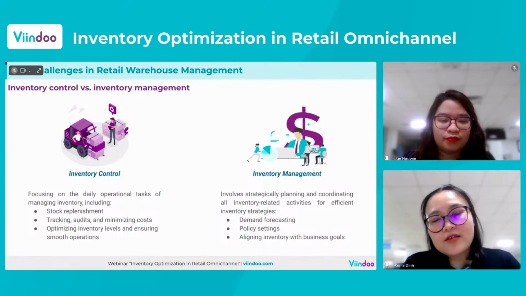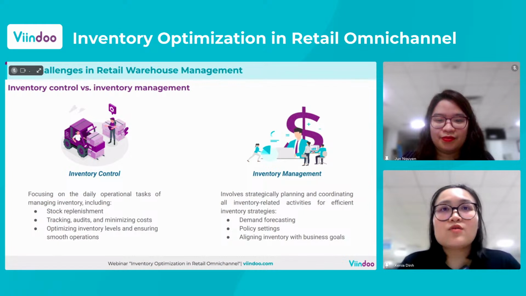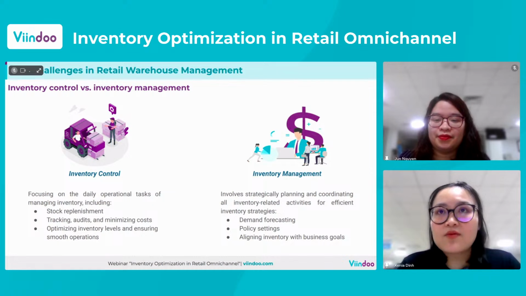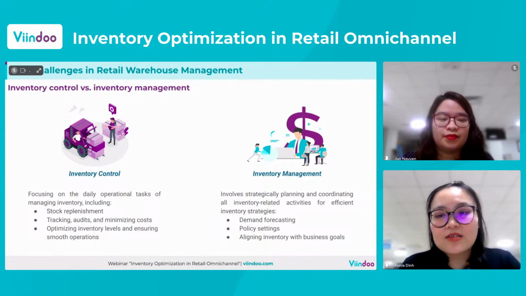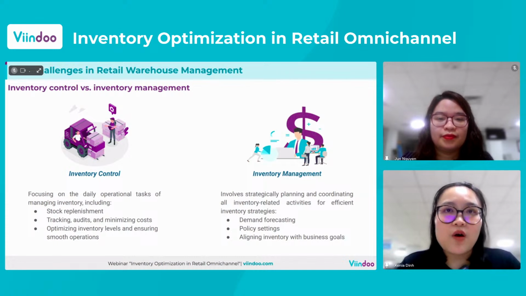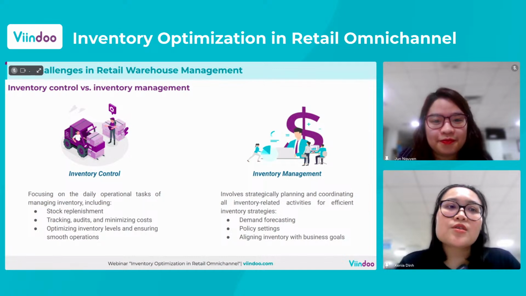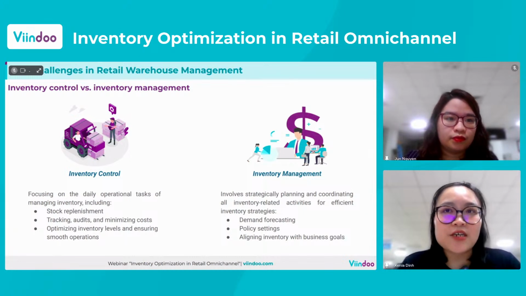On the other hand, inventory management involves strategically planning and coordinating all the inventory-related activities for efficient inventory strategies, right? From demand forecasting to policy settings to aligning inventory with your own business goals. In short, while inventory management sets the direction, inventory control implements the tactics to achieve efficient stock management.